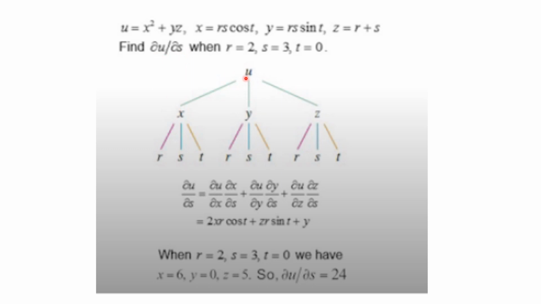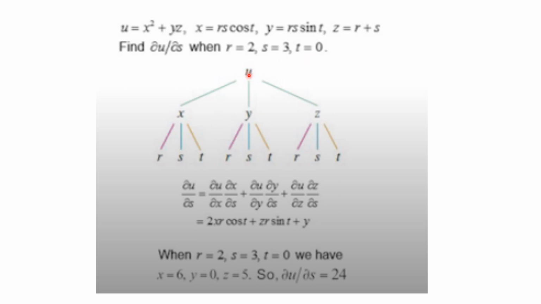Now we don't have to show all those partials, but we say u is a function of x, y, and z. And each of x, y, and z are in turn functions of r, s, and t. So what we're asking you to do here is find the partial of u with respect to s when r is 2, s is 3, and t is 0.